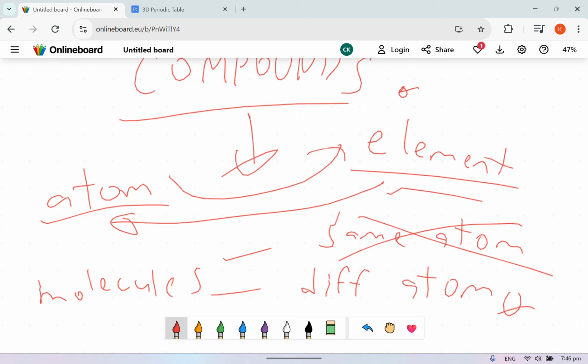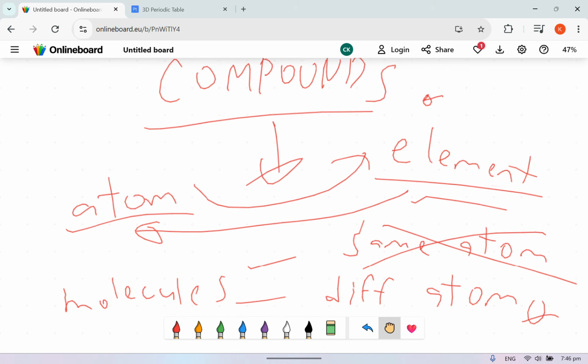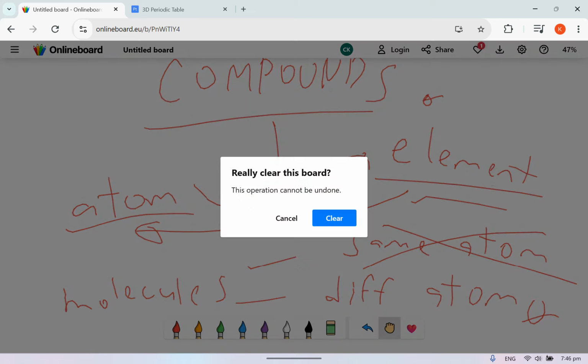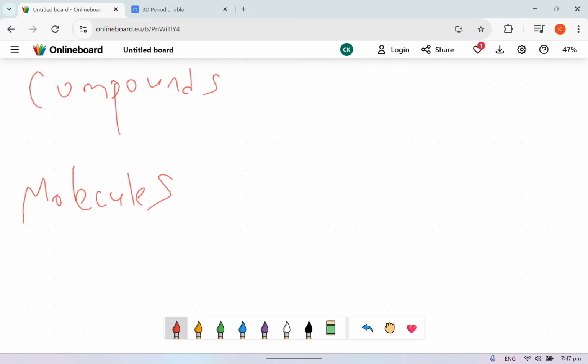Now, a big misunderstanding that a lot of people might have, you may have, and I also had one time when I was learning this, was that, hey, you said that compounds are molecules. Yes, all compounds are molecules. But we know the definition of compound is they are basically made of two or more elements.